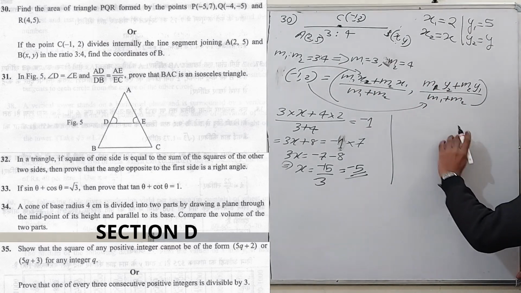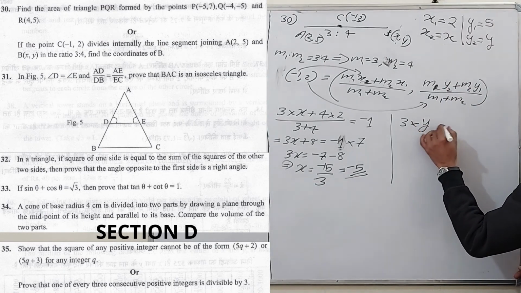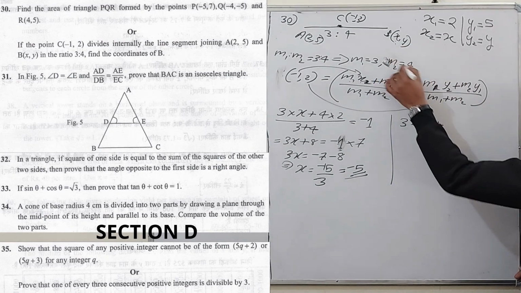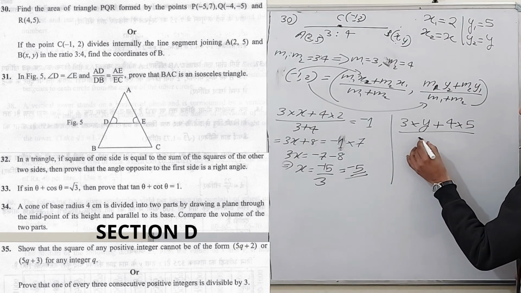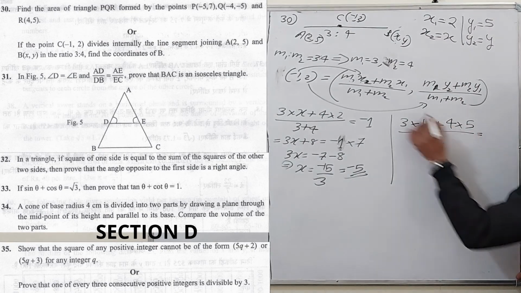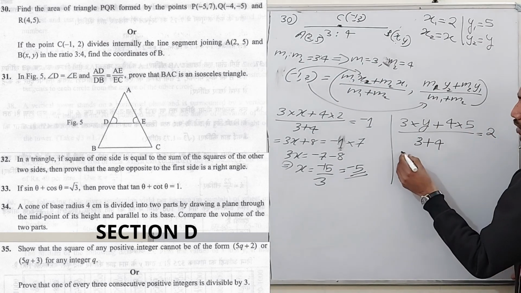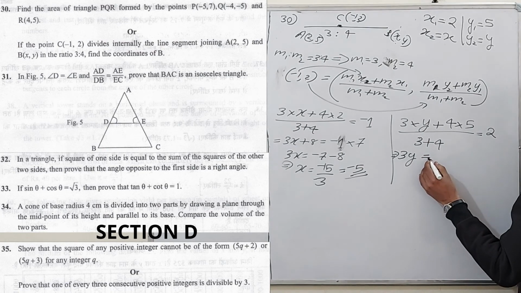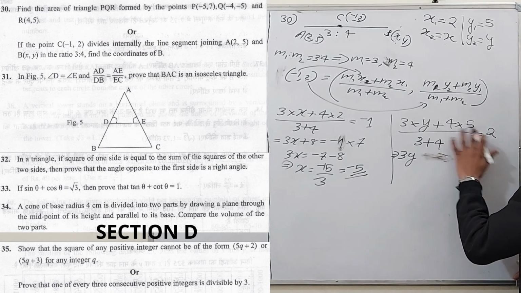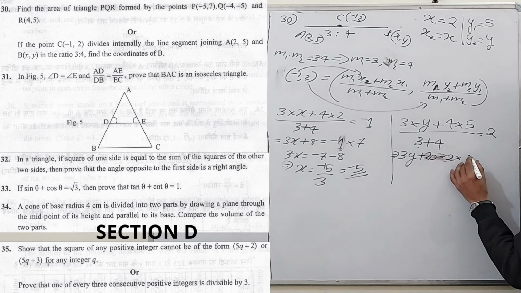Now come to the y coordinate value. m1 is 3 into y2 which is y, plus m2 which is 4, 4 into y1 which is 5, divided by m1 plus m2, that is 3 plus 4, is equal to the corresponding y value here, which is minus 2. So 3y plus 4 into 5, which is 20, is equal to minus 2 into 7, which is minus 14.